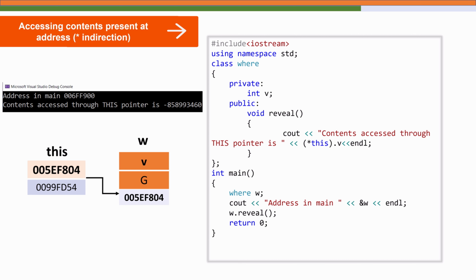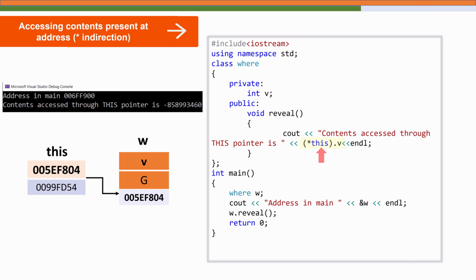So if we want to access the data members of the object that this is pointing to, we first need to dereference it just like any other pointer. That is done using the asterisk operator. When we write *this, we are saying go to the object that the this pointer refers to. Let's see that in code. Here inside the reveal function we are printing (*this).v.